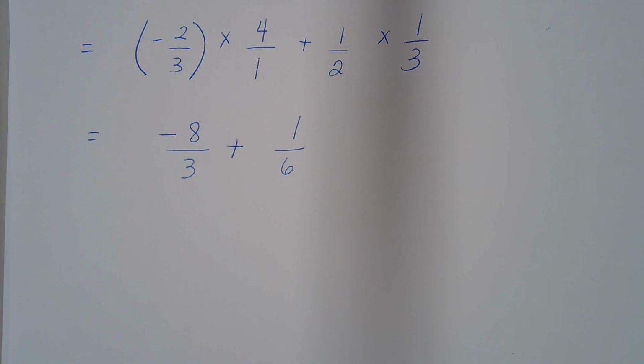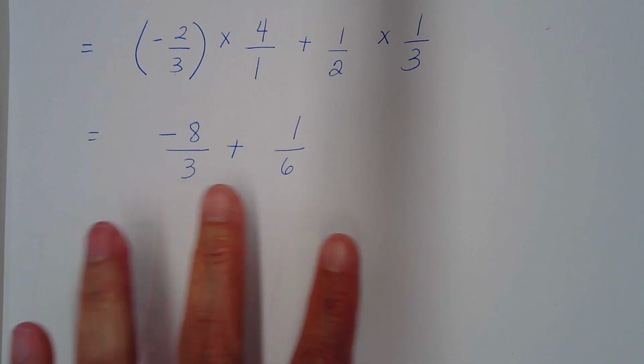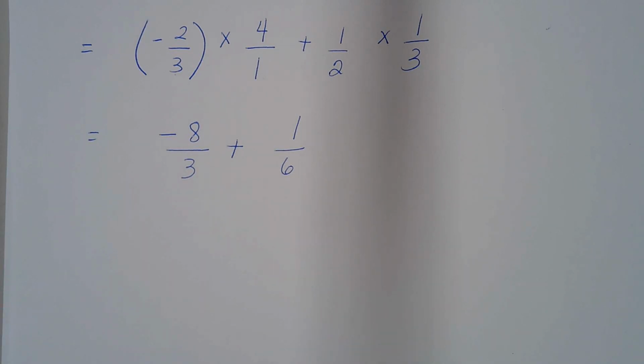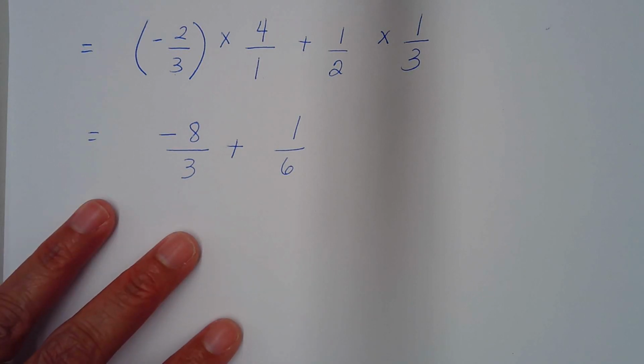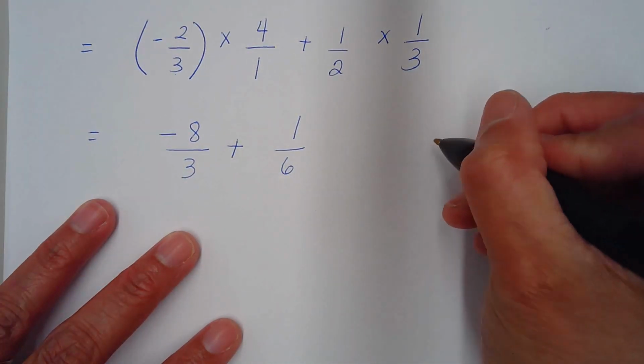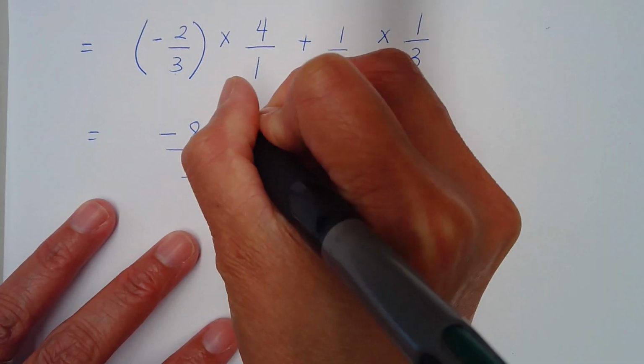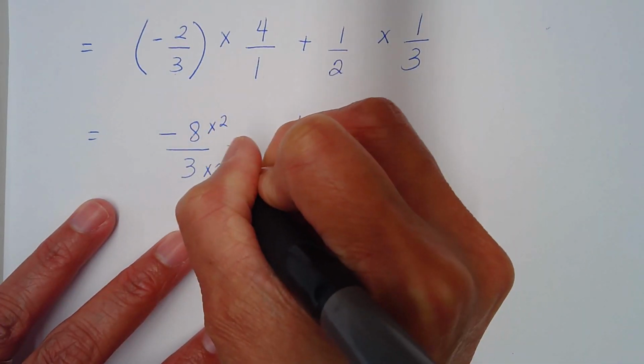Make the denominators the same. Yeah. Lowest common denominator, right? They're not the same denominator, so we have to make them the same. And how do we do that? Times 2, yeah. Lowest common denominator is 6, so multiply this by 2.